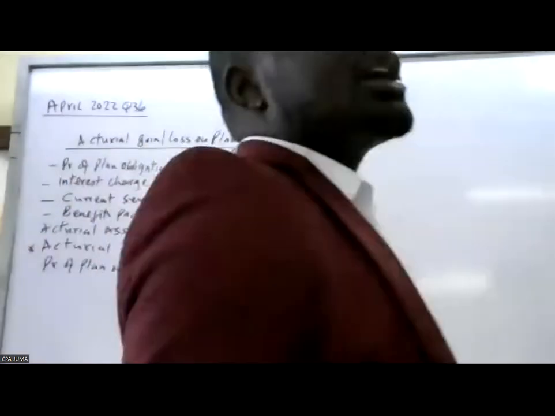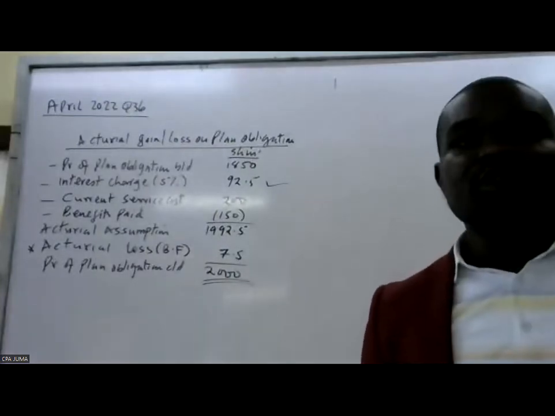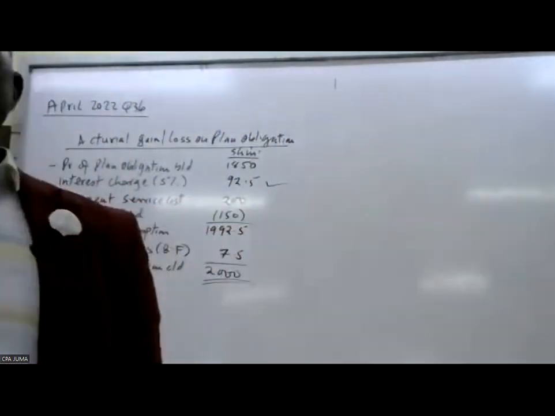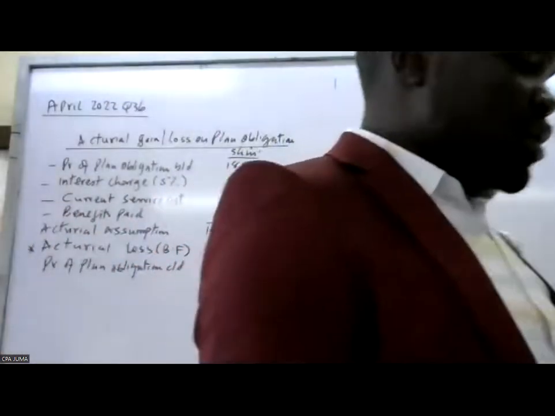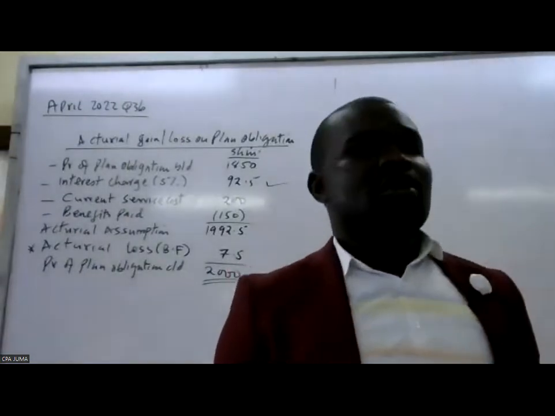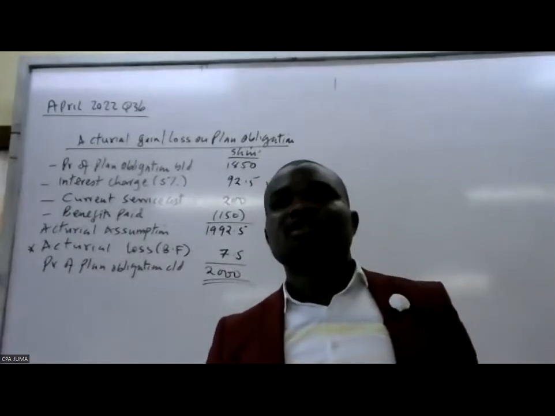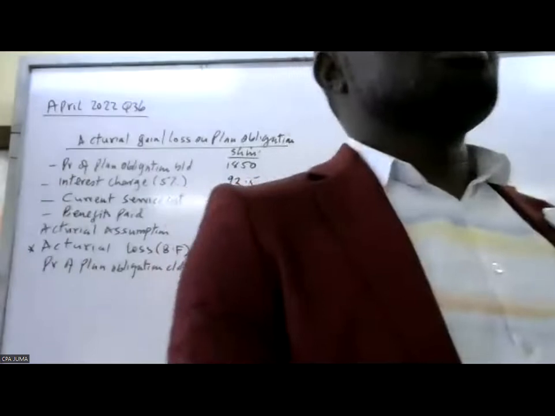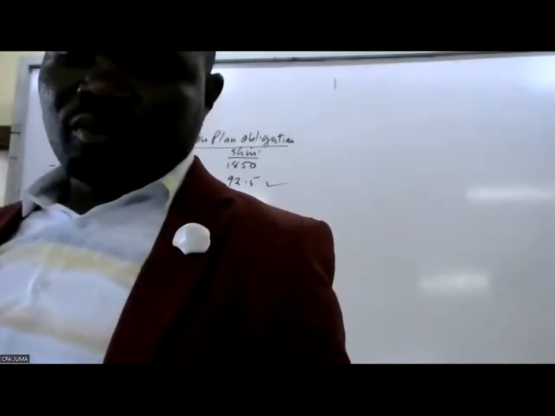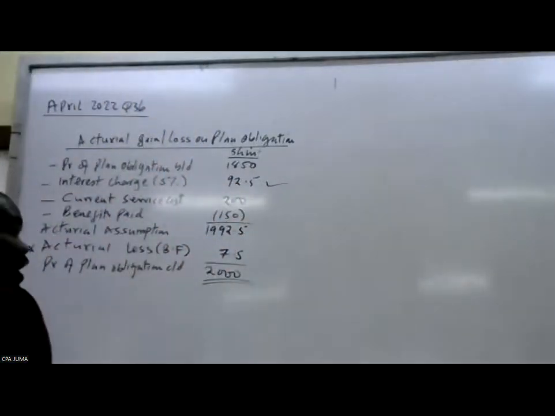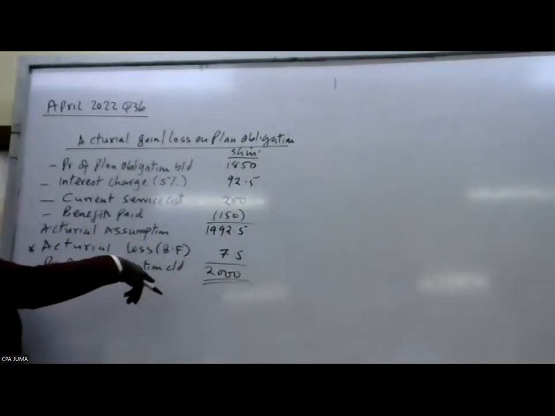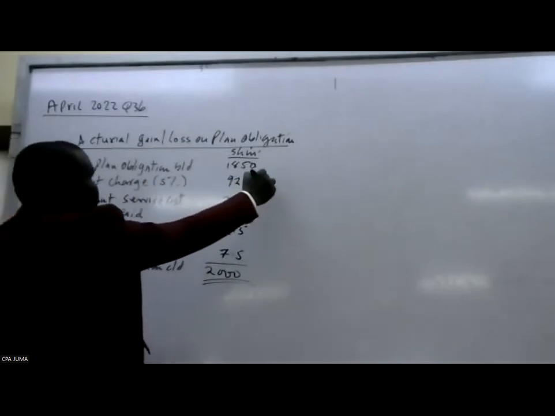It should be charged or credited to profit or loss as finance cost or income. So one of the elements is gone. So this is called the interest cost component.